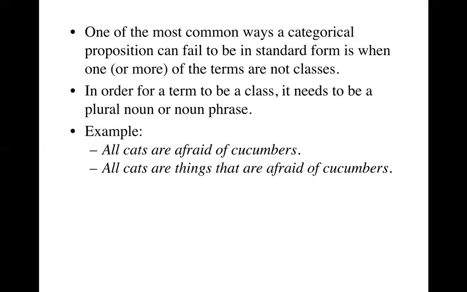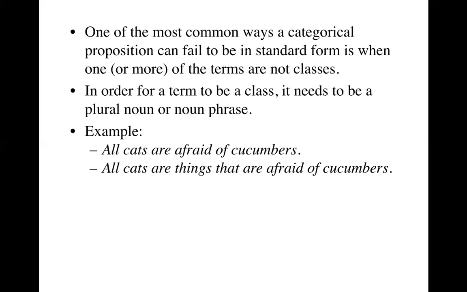If we said all cats are animals that are afraid of cucumbers, then we'll have narrowed the predicate class, because instead of being as expansive as possible, things that are afraid of cucumbers, we would now be narrowing it to animals that are afraid of cucumbers.